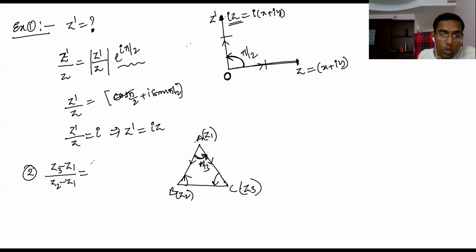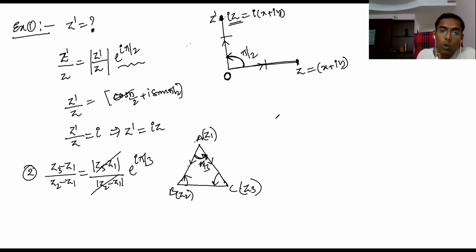This equals modulus of Z3 minus Z1 by modulus of Z2 minus Z1 into e to the power of i pi by 3. Why? Because the magnitude is the same in an equilateral triangle; the magnitude of AC and AB are the same.